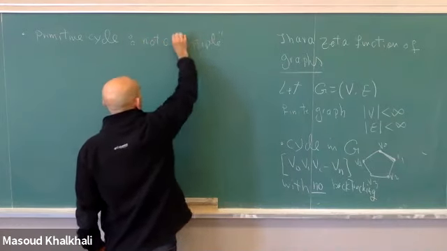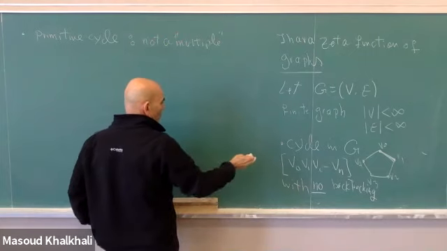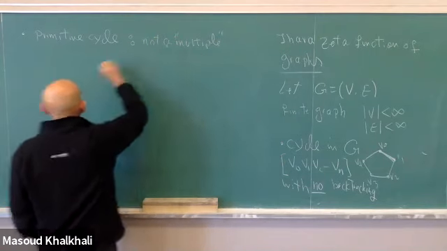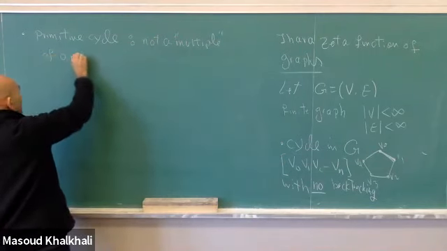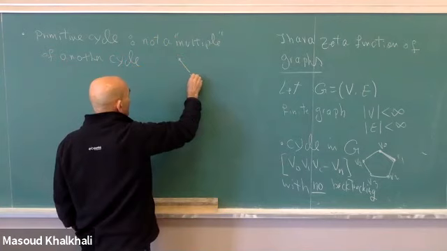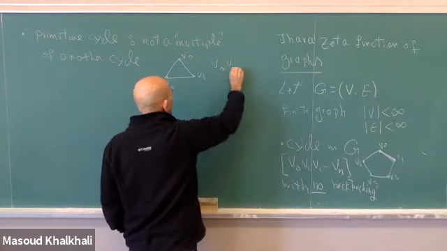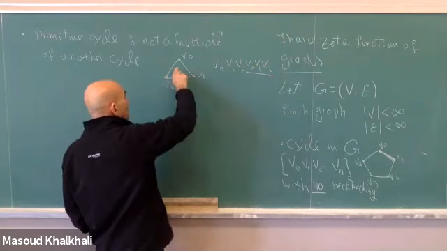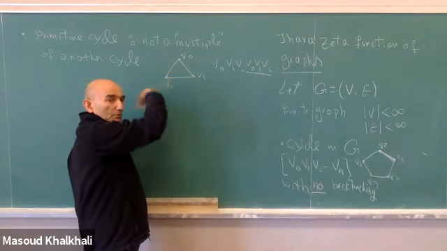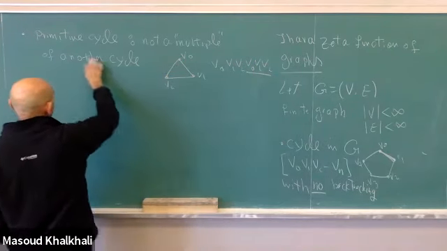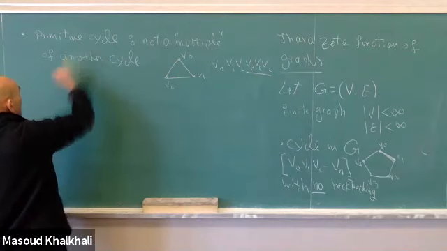These things can be rigorously defined, but it's a waste of time to do that because it's very clear what I mean. For example, if you write V0, V1, V2, and then V0, V1, V2 again, obviously this is twice the original cycle. So we just throw that away. We don't consider non-primitive cycles. We just look at primitive cycles, okay?